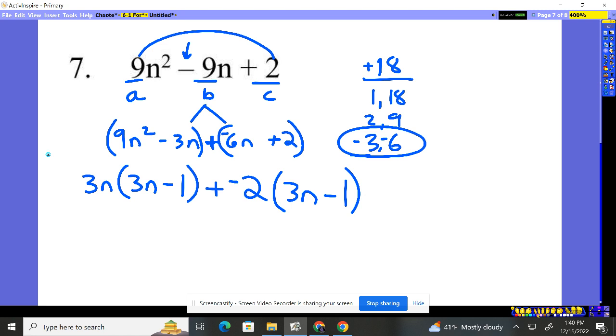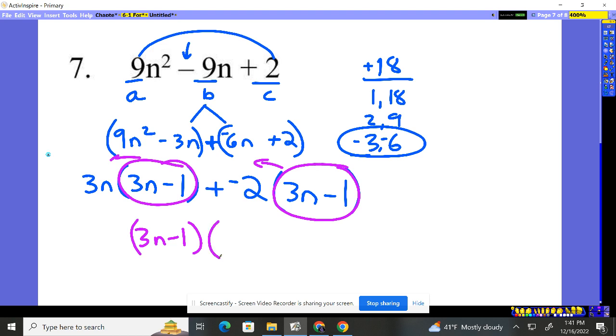Notice when we've done this now, we have a 3n minus 1 here and a 3n minus 1 here. So technically, they can actually factor out because you only have two real things you're adding here, the 3n times the 3n minus 1 plus the other part. So we factor out a 3n minus 1, and what's left behind is this piece in the front plus a -2.